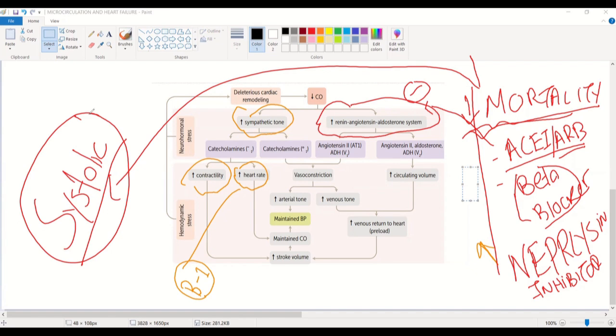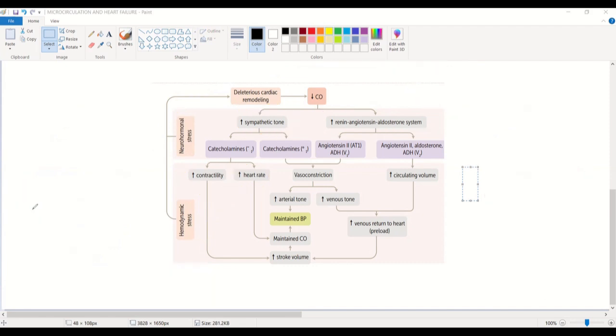So this is basically the systolic heart failure, decrease mortality in systolic heart failure, right? Okay. It makes some sense. Yes. Okay. To discuss the drugs.